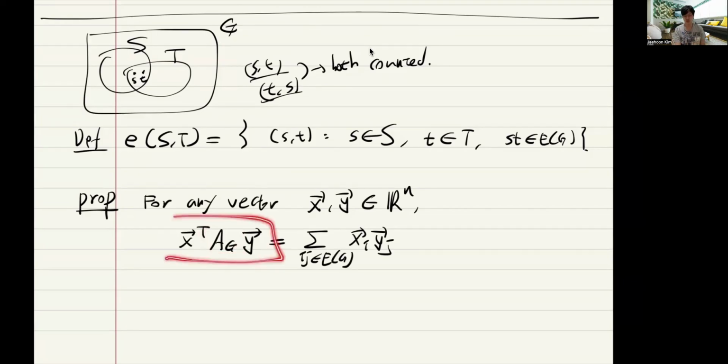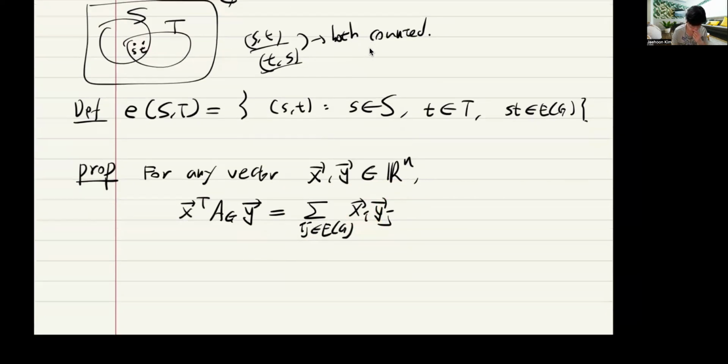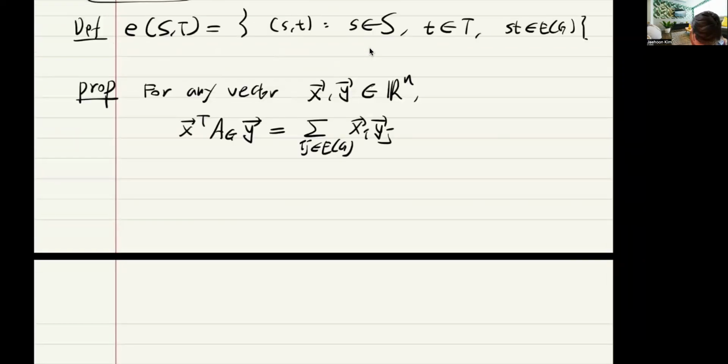So if we compute this quadratic form, the multiplications with the non-edges all vanish, and the only ones that remain are those where i, j are adjacent. We take the i-th coordinate and the j-th coordinate, and then you multiply and add.